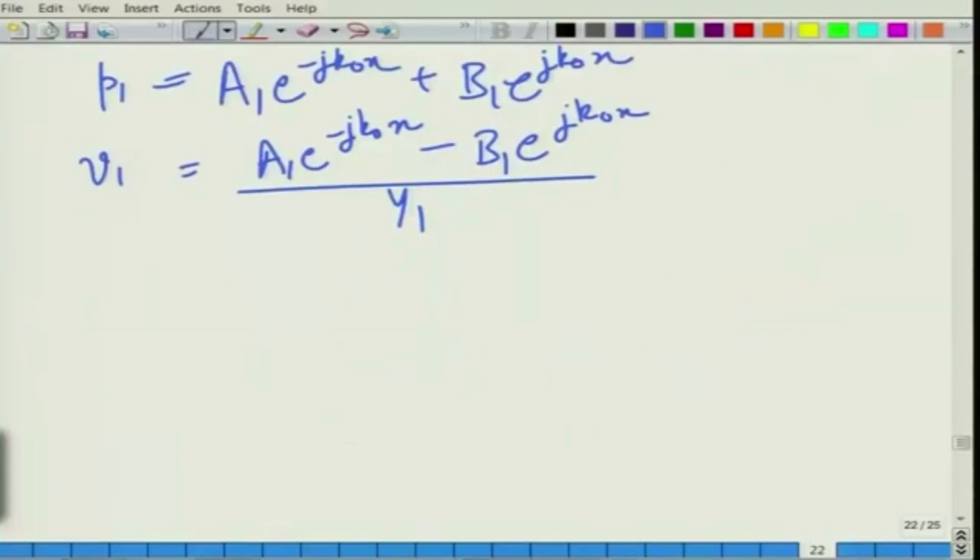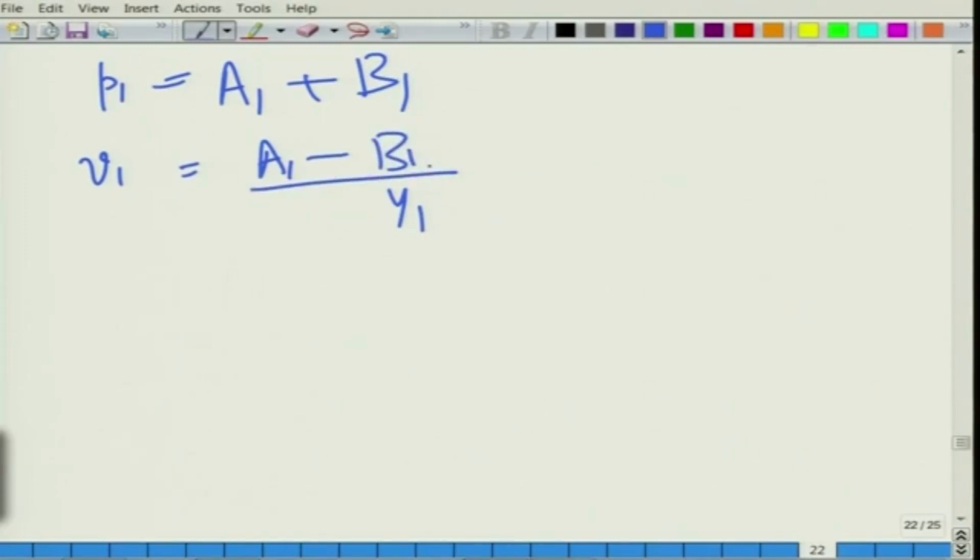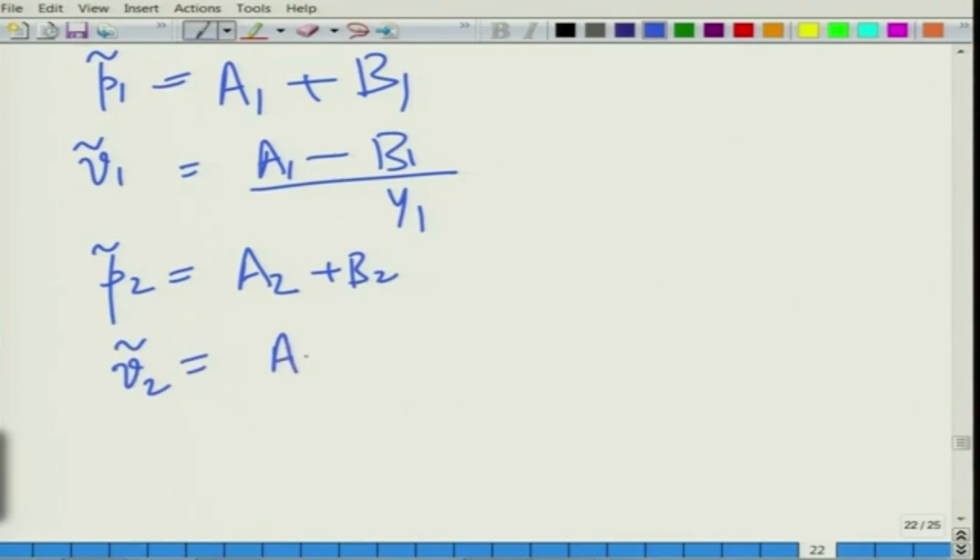So, of course, putting x is equal to 0, we get this and we get this. So, let me write it more compactly, it is B1 and this is minus B1. So, this is what we are going to get, and similarly, tilde V1 tilde P2, P2 is nothing but A2 plus B2 right at x is equal to 0, and this is A2 minus B2 by Y2.